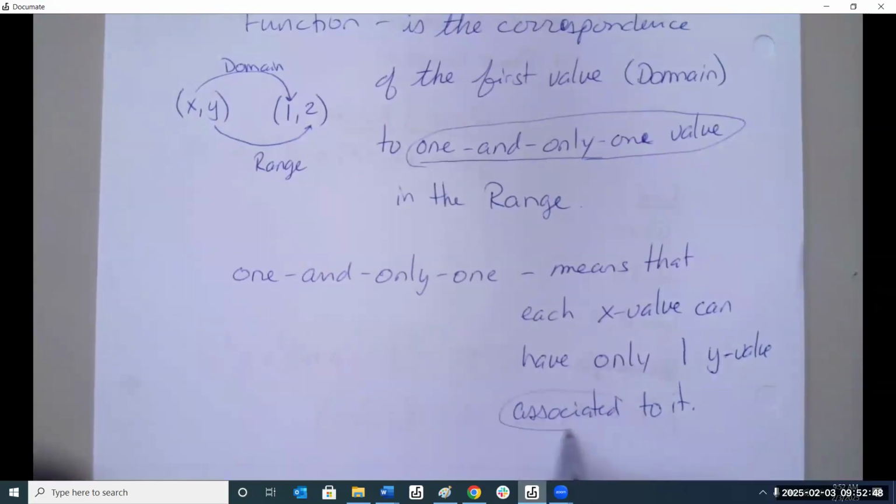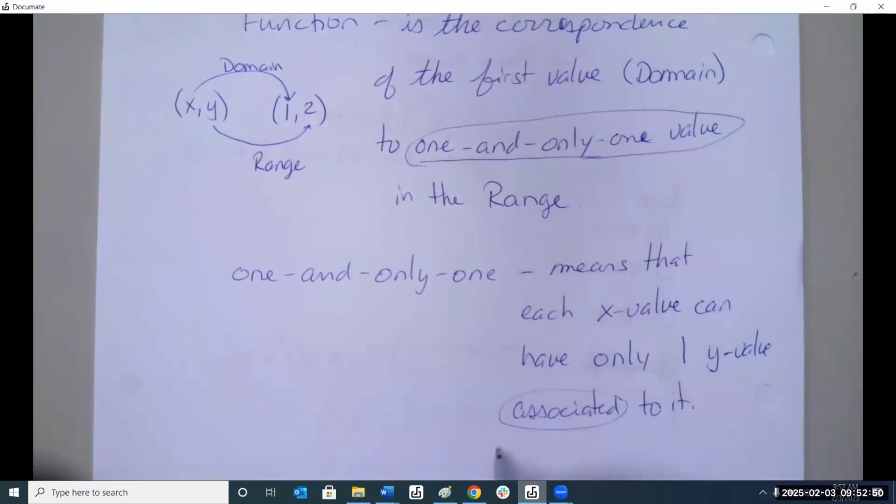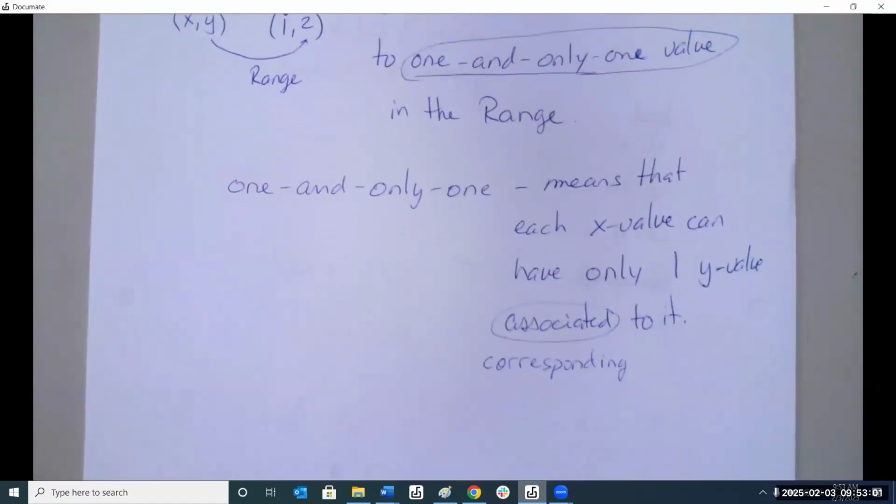And instead of associated, up on top, we use the word corresponding, has only one corresponding to it. What does corresponding mean? Have you ever heard that word before? Where have you heard it? What did it mean in the old days?